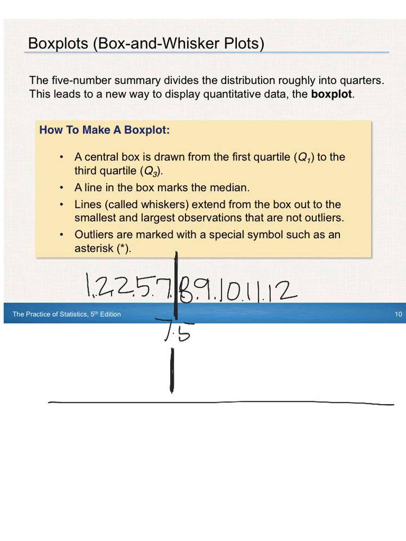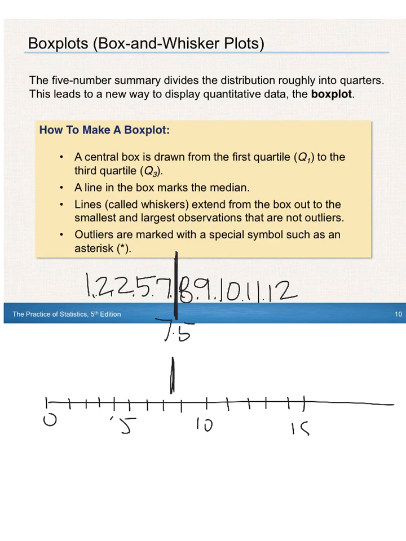So we're going to go from 0, 1, 2, 3, 4, 5, and so on. So actually this needs to go, I need to erase that since I put that there. 7.5, here is where my median goes.